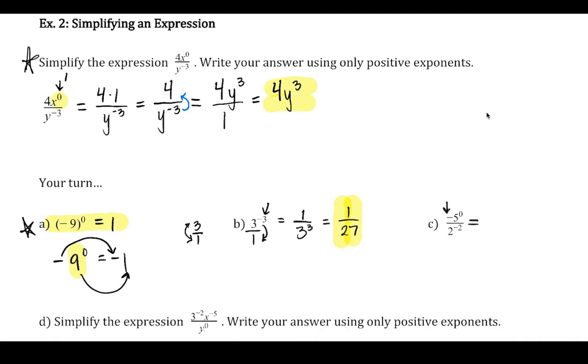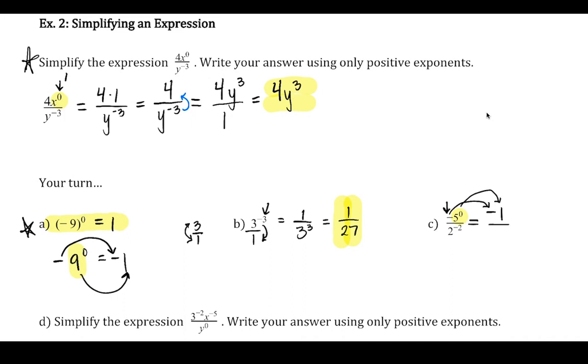This is actually just 5 being raised to the 0 power, not including that negative. So negative 5 to the 0 power without any parentheses is going to be negative 1, because the 5 to the 0 power becomes 1, and that negative just stays out in front.